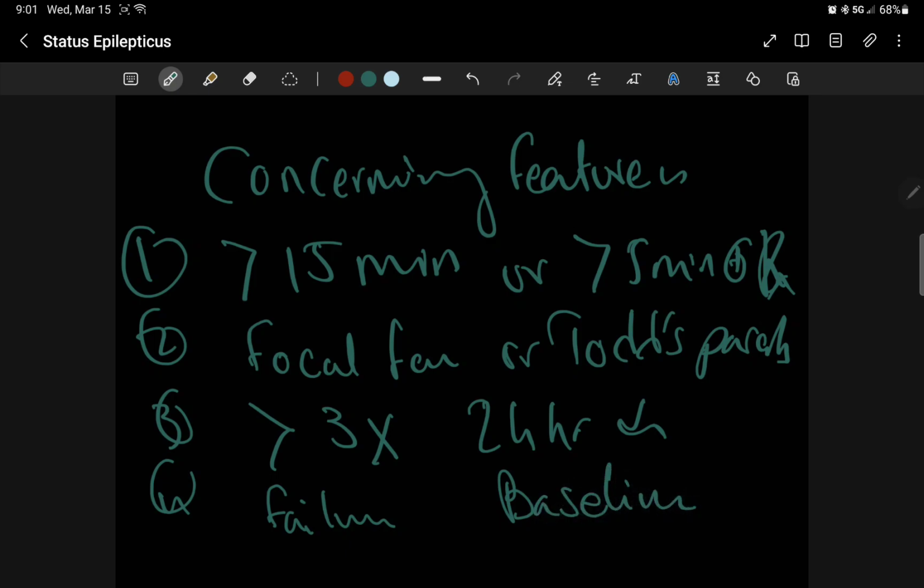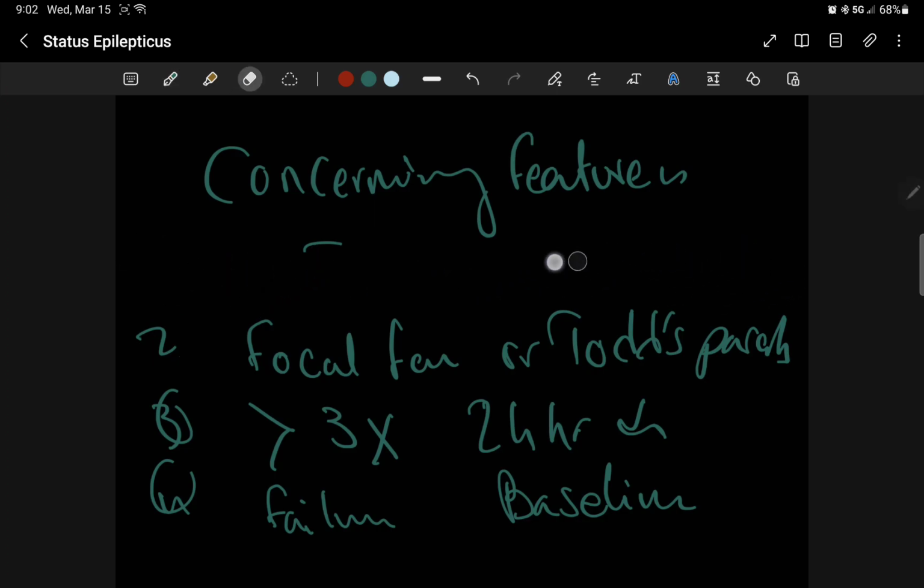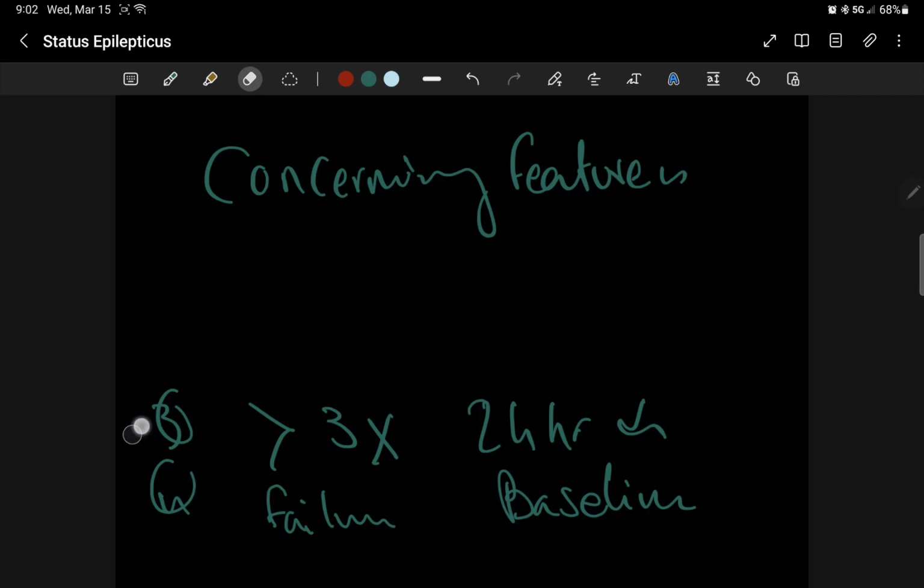So it would be a complex seizure without concerning features. It will be less than 15 minutes. There's no focal features. It's about 2 to 3 seizures within 24 hours. There's no treatment that is required to stop it. Return to neurological baseline. Some of the things that you need to understand as a concerning feature prior to discharging the patient home from the emergency room include some things that are not symptoms based.